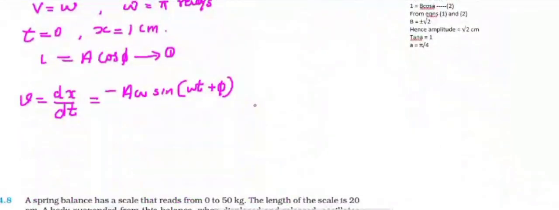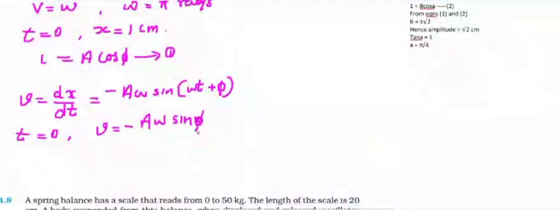Now you will get velocity, and there you take t is equal to 0. At t is equal to 0, v is equal to minus a omega sine phi. Now the question says that in the beginning v is equal to omega.